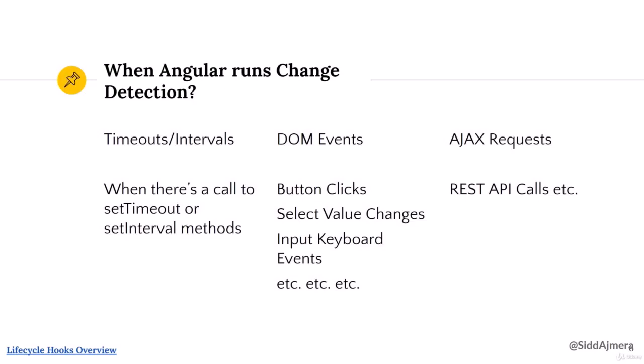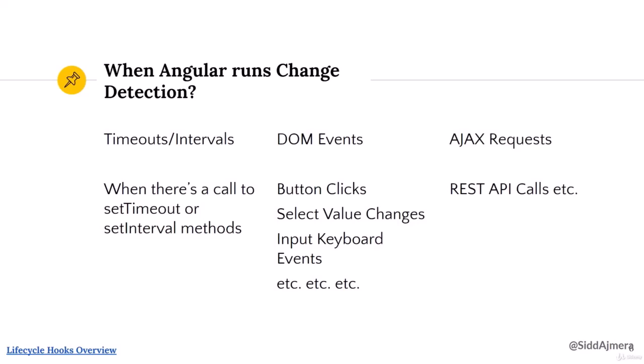In case of timeouts or intervals, wherein if you call the setTimeout method or the setInterval method, then Angular performs change detection. Next up, we have DOM events. Whenever there is a button click, or any keyboard specific event like keyup or keydown, or a change event in case of select lists or any such DOM event, then Angular would perform change detection.